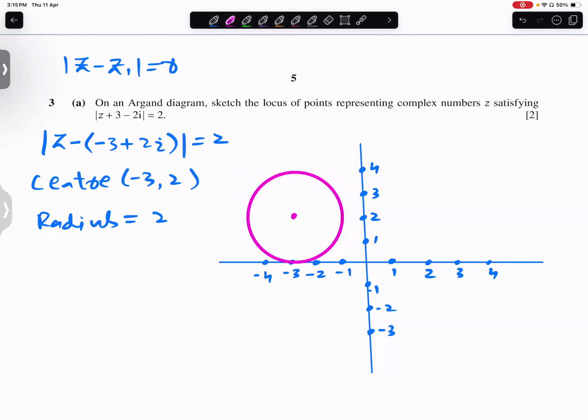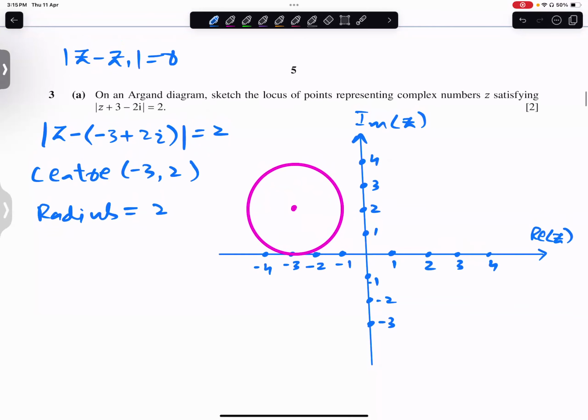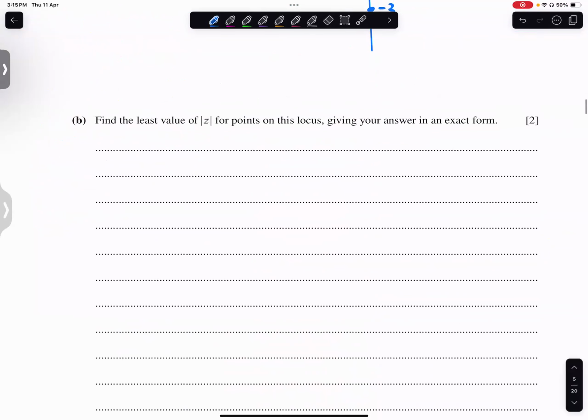Okay. So moving on to the next question. Also, students, write here y as Im z, which is the imaginary part of z, and x as the real part of z.